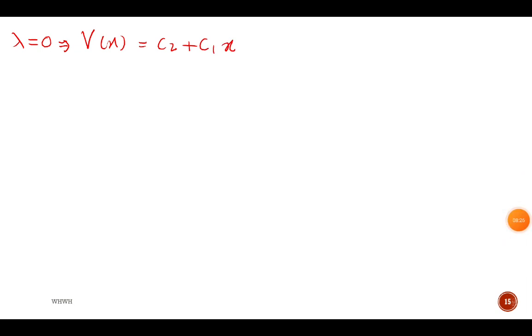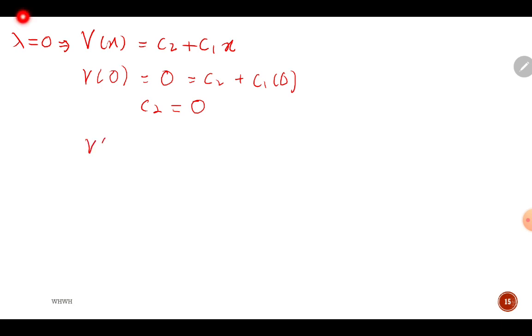So again kita akan check dengan kita punya initial condition. When V0 equals to 0, so C2 plus C1 times 0. So in this case it gives us C2 is equals to 0.